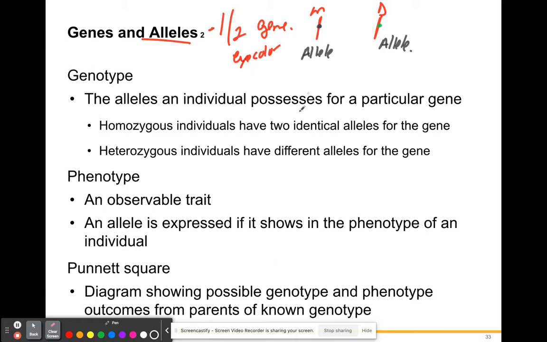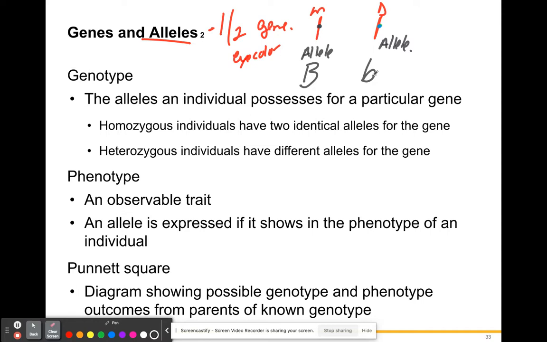You put them together, they have to fight it out. Okay, and this is where dominance and recessiveness comes in. Okay, in real life, if you had someone with a brown-eyed allele and someone with a blue-eyed allele, the brown-eyed allele would win because it's dominant. And we show that by using capital or lowercase letters. Okay, so for the brown-eyed allele, I would put a capital B. For the blue-eyed allele, I would put a lowercase b.